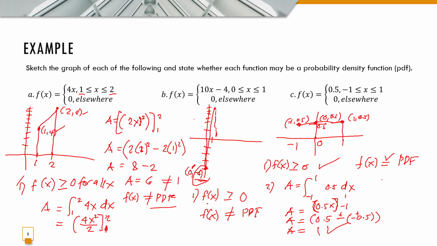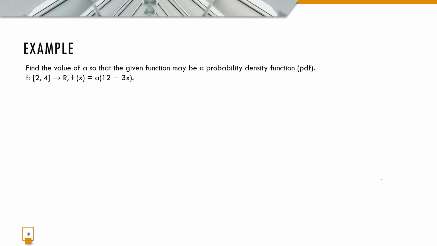Okay, so that's it for example number 1. Let's proceed with the next example. Find the value of a so that the given function may be a probability density function. By the use of integral calculus, from 2 to 4, that's the interval, we have 12 minus 3x.